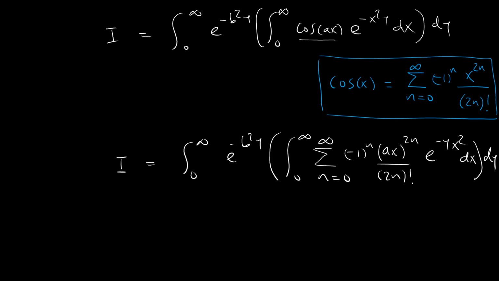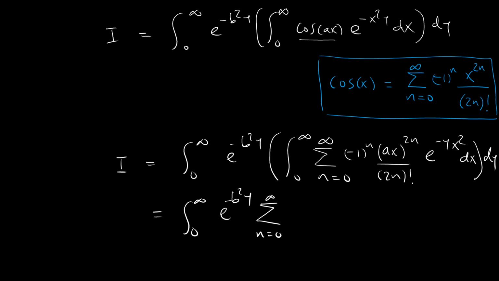So we can pull this summation out and say our problem now is the sum, and this is for the reason that integrating a sum of individual components is the same as the sum of the integration of those individual components. So without loss of generality, we can interchange the positions of the summation and the integral signs.